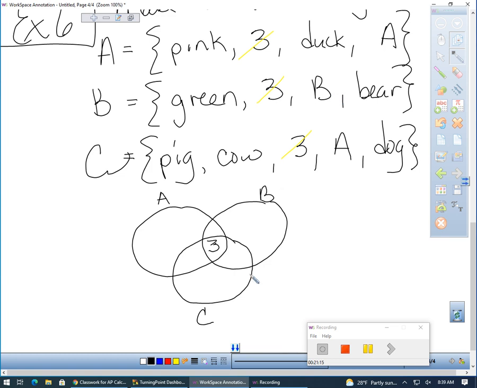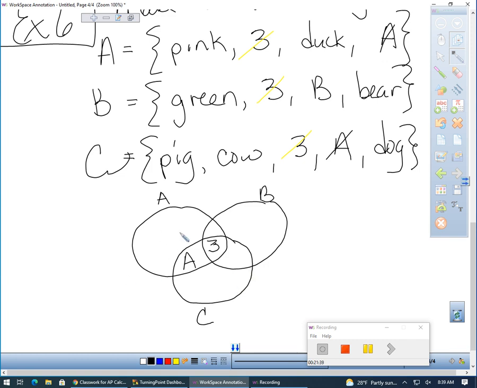Nope. Okay. How about an overlap between A and C? The letter A, exactly. So that's going to go in this section right here. That's the overlap between A and C. I'm going to cross that A out. Is there anything between B and C?